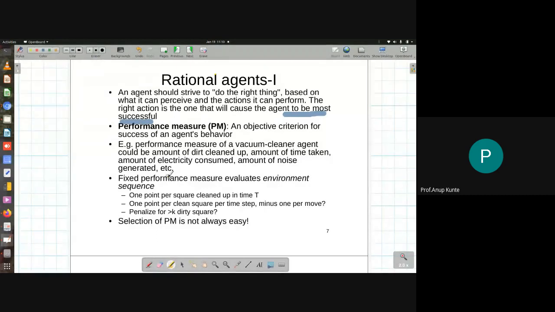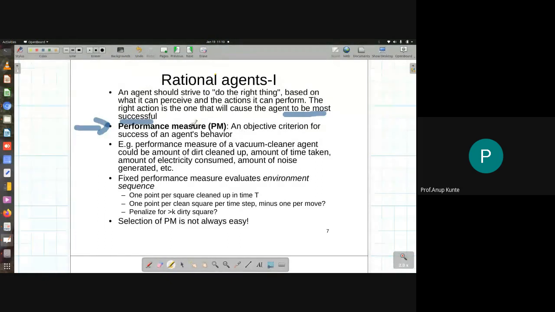Now how do I know that I will be most successful? I need to have a certain kind of measurement. How do I understand that I will be successful or not? There has to be some measurement, and that measurement is defined as the performance measure. How good the performance of the agent is.